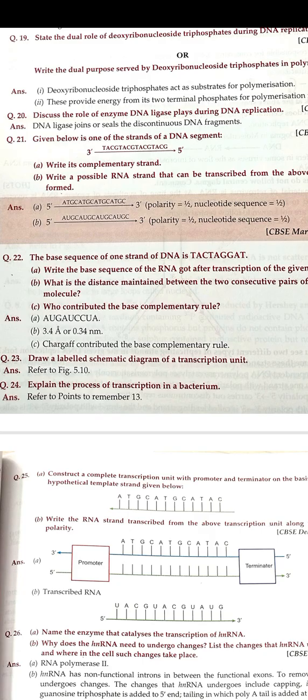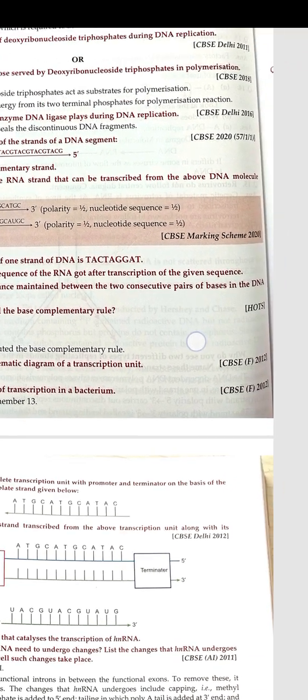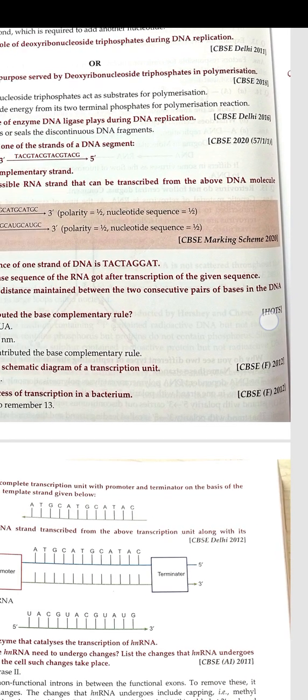Given below is one of the strands of a DNA segment. So here 3' to 5' is given, and question A, write its complementary strand. Question B, write a possible RNA strand that can be transcribed from the above DNA molecule.